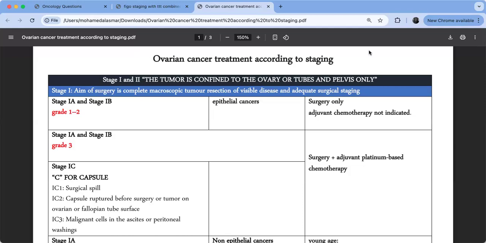Yes, we do a full staging laparotomy, correct? Okay, so the question here: if you have early stage ovarian cancer, will you add therapy for it? Anyone? What do you think?